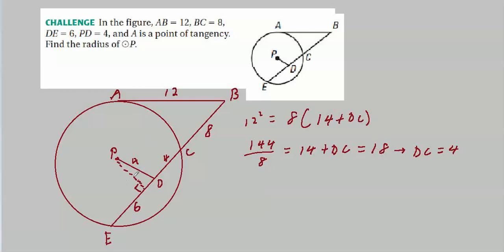Since we found this, we know that this whole segment EC has length 10. So if we bisect it, that's 5 on each side, right? On the other hand, this distance is 4. Well, this is the bisector with 5 on each side, so this right in here must be 1. It's kind of like we just shifted this over 1 unit.